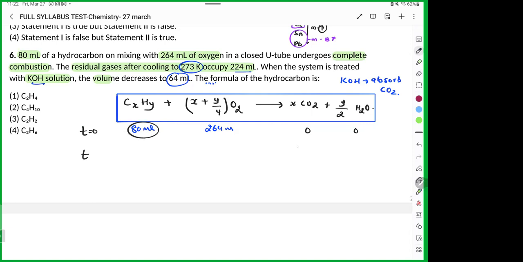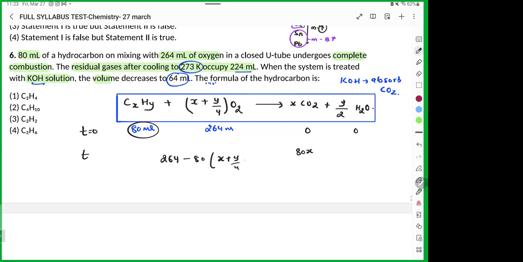Correct? So it will produce 80x CO2. Any doubt? Correct? 80x. And this will reduce.